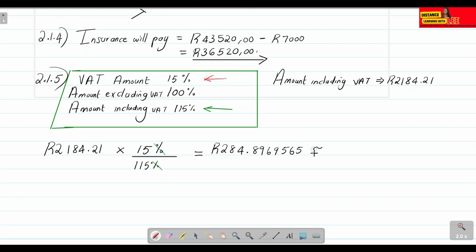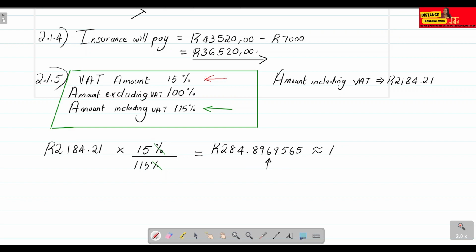0.8969565, which is approximately, guys, when we're dealing with money, round it off to two decimal places. Never will you ever have 284 rand 0.8969565 cents. So if you round off to two decimal places, we're going to look at the third digit. The third digit will tell you what needs to happen to the second digit.